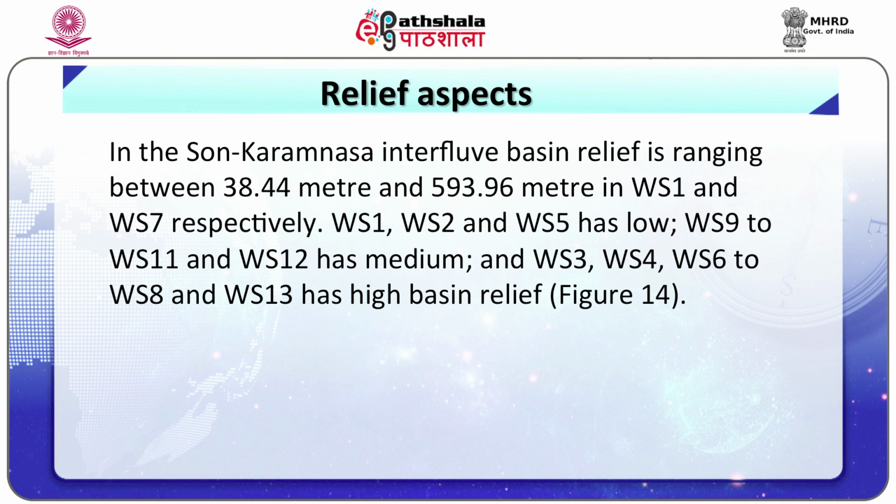In the Son-Karamnasa interfluve, basin relief ranges between 38.44 meter and 593.96 meter in watershed number 1 and 7 respectively. Watersheds 1, 2, 5 have low, 9 to 11 and 12 have medium, and 3 to 4, 6 to 8 and 13 have high basin relief as mentioned in figure number 14.